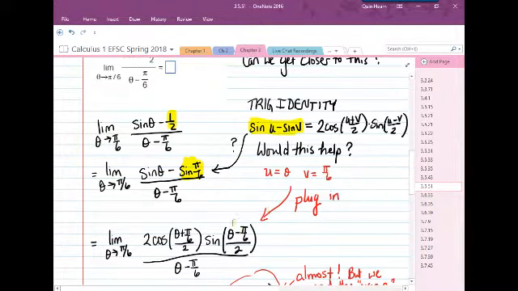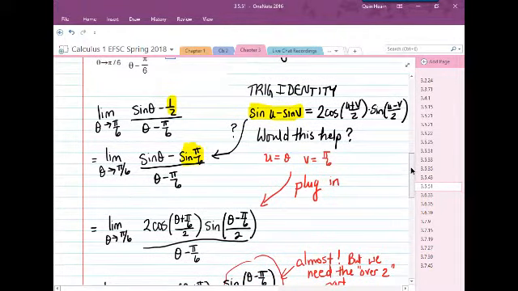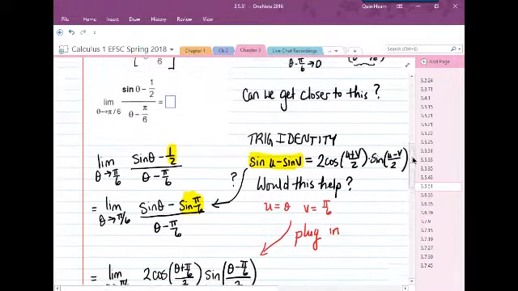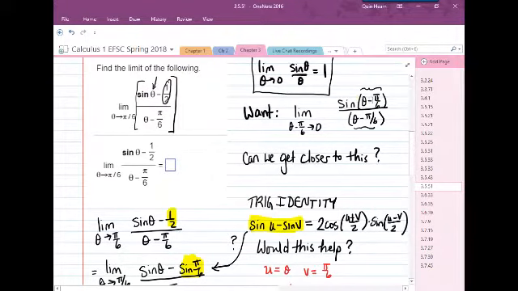What happened was I got 2 cosine of (theta plus pi over 6) over 2, times sine of (theta minus pi over 6) over 2, all over theta minus pi over 6. I've still got the limit going on out front like before. Then I thought, again, I'd really like it to look like sine of something over that thing, so the limit as theta goes to 0 would turn out to be 1.